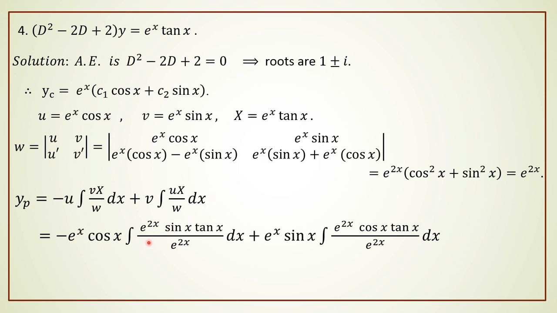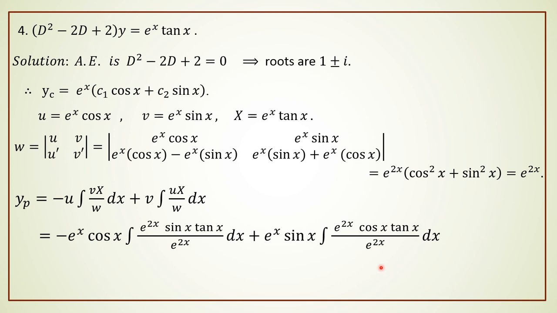So the term becomes e to the power 2x into sin x tan x divided by the Wronskian, which is e to the power 2x, and the integral is with respect to x, plus v, that is e power x into sin x, into integration of u into X, where u is e power x into cos x and X is e power x into tan x. So the term becomes e power 2x into cos x tan x divided by e to the power 2x.